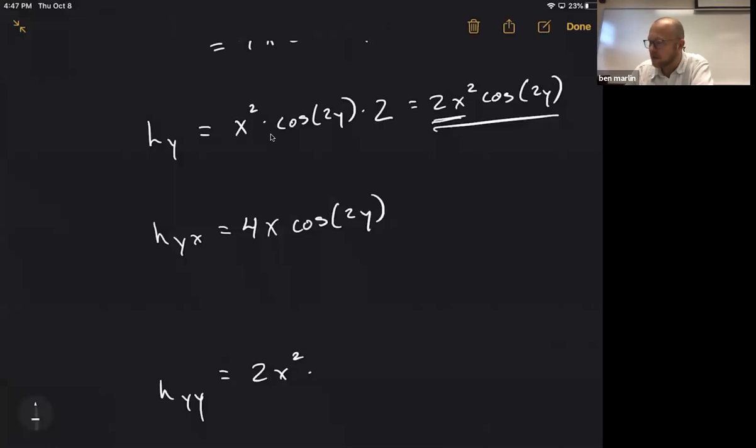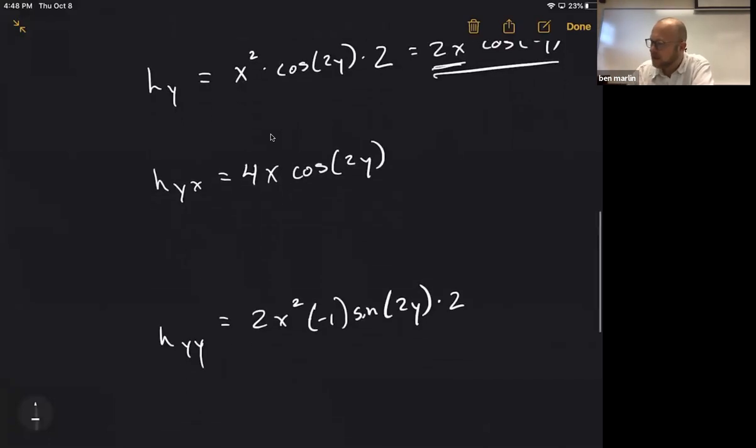Well, the derivative of a cosine is a minus 1 times the sine, the same stuff inside, and then we have to multiply by the 2 because of the chain rule, right? So that means we end up with negative 4x squared sine of 2y, okay? And that's it.